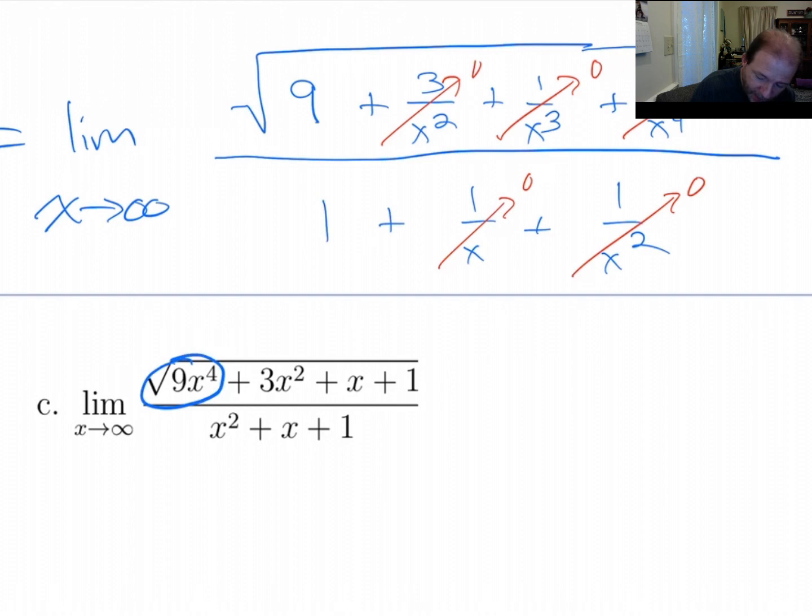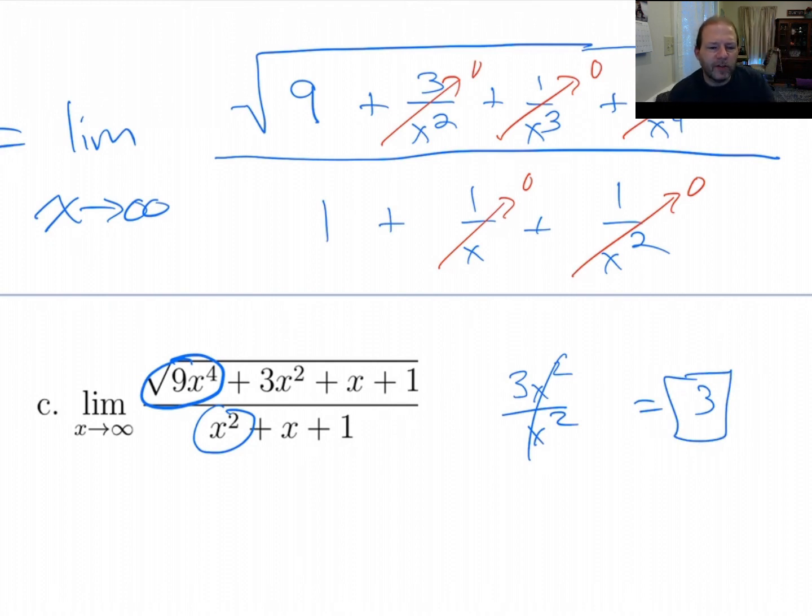That's my leading term. And on the bottom, I've got x squared. So the top, when you take the square root of 9x to the 4th, you get 3x squared. And so you're just left with 3.